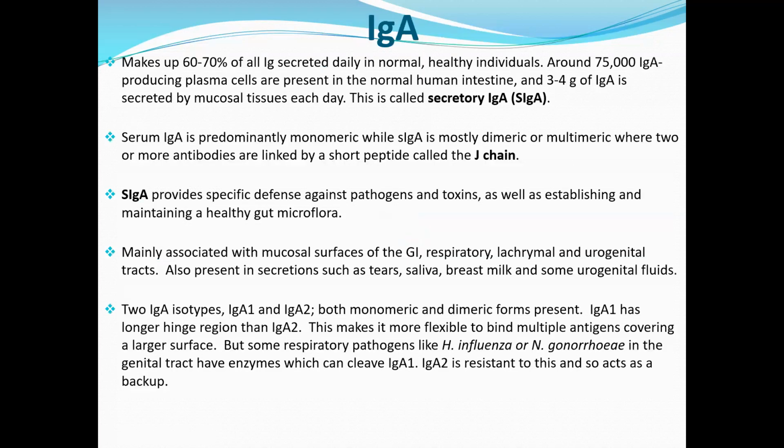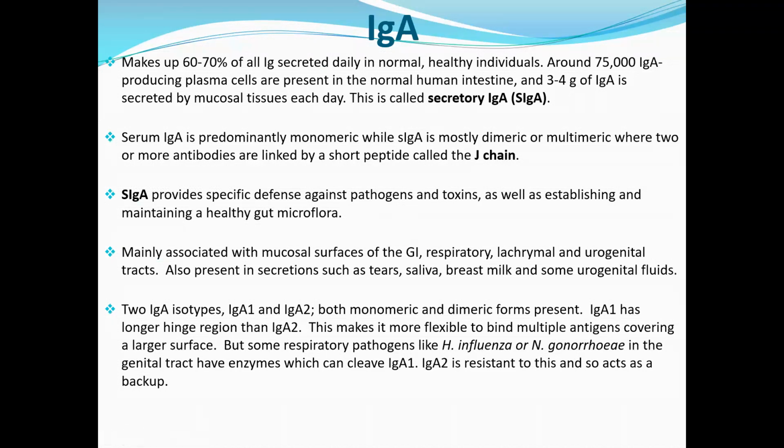And as I said in the POD, IgA, like IgM, can form multimers, but with IgA, these are essentially dimers. So you can get two IgA antibodies that are linked via the FC receptor through a peptide known as the J chain or joining chain.